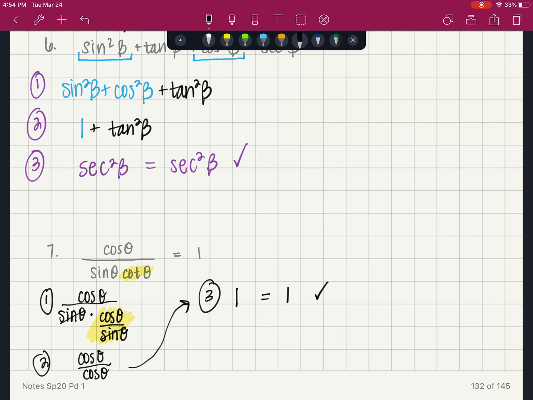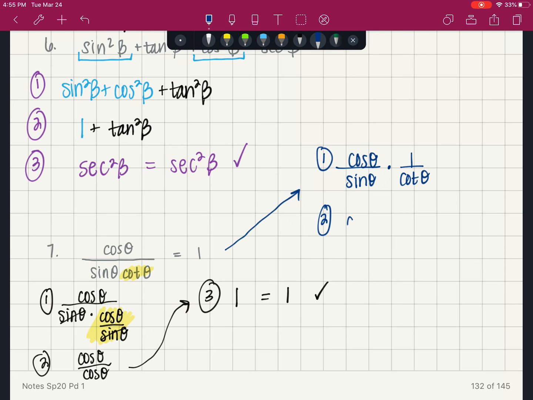Another way that you can think about this, I'll do this in blue. First step, cosine of theta over sine of theta times 1 over cotangent of theta. So just separate out your factors so that you've got a product of two fractions.